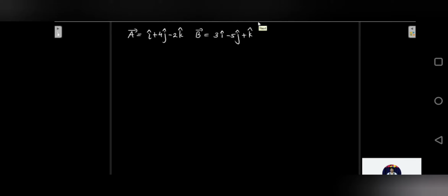Find a unit vector parallel to the resultant of the two vectors a and b, which is written on the board.